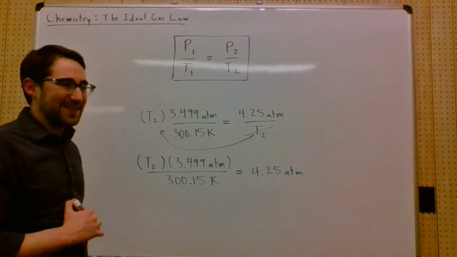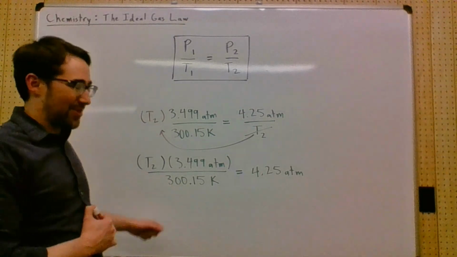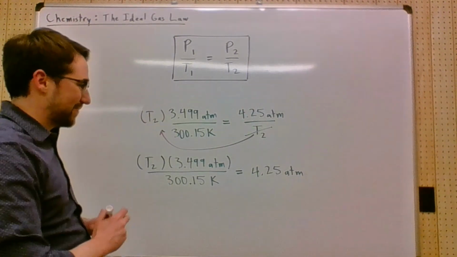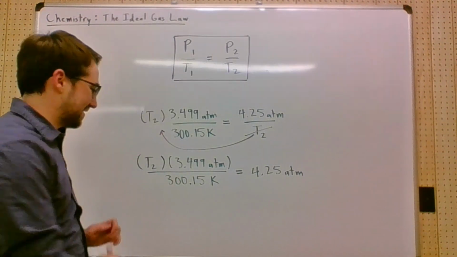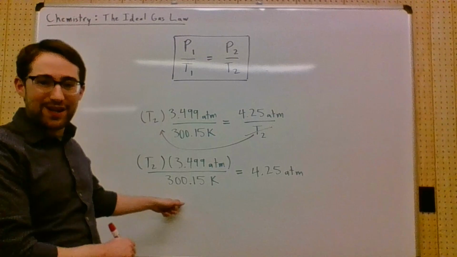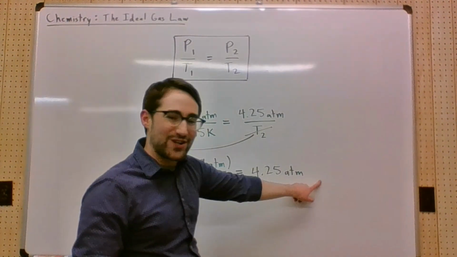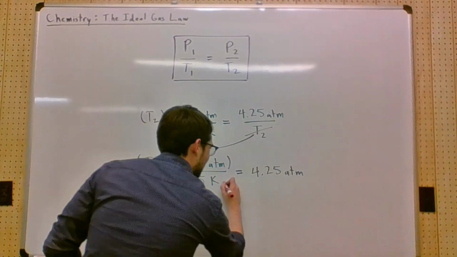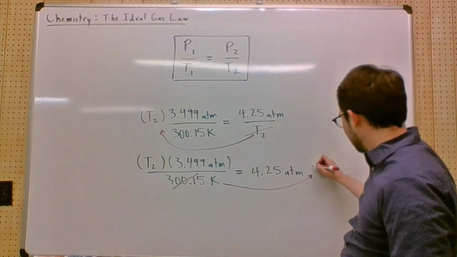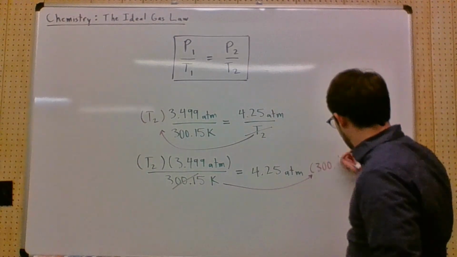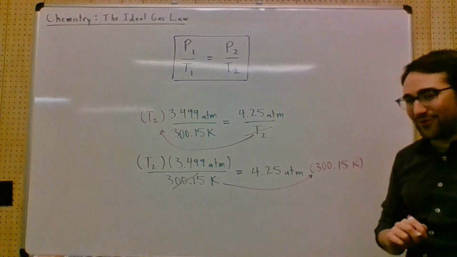So let's rewrite this a little bit so I can get rid of the other junk. Now, I want to get my T2 alone. So I need to get rid of my 3.499 atmospheres and my 300.15 Kelvin. So, just like before, instead of stepping through the whole process, I'm shortcutting this. The 300.15 I want to get rid of is being divided. So, to undo it, I'm going to multiply it over to the other side. Cancels out here. And it's now multiplied on top over on the right.